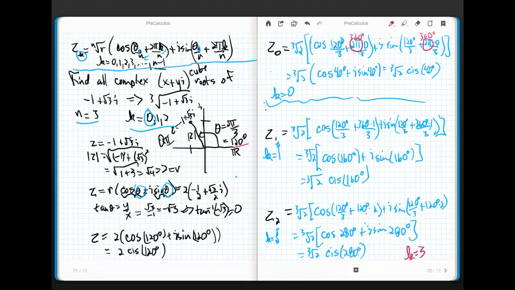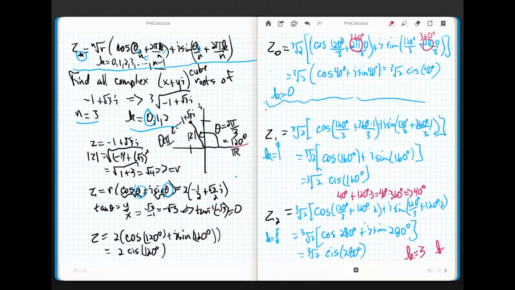And if I add 360 degrees to any angle, then I become coterminal with the angle that I started with. In other words, this is going to become 40 degrees plus 120 degrees times 3, which is 40 degrees plus 360. Notice I don't put an equals, because clearly a 400-degree angle is not the same as a 40-degree angle, but it produces the same value because it's coterminal.